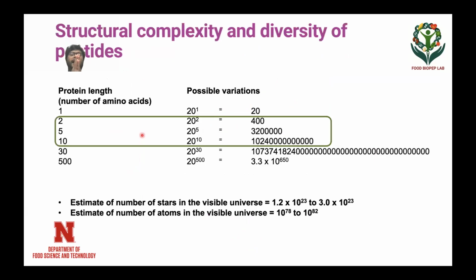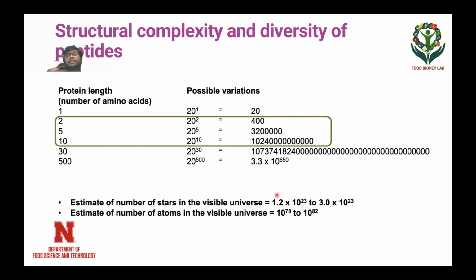At the end, I would like to finish this talk with this thought. If you have one amino acid, you have 20 possible variations. That's 20 amino acids. When you have dipeptides, you can have a maximum of 400. When you have five amino acids, or pentapeptides, this is the number. When you have 10 amino acids together, this is the number, 10 to the 13 and 500 billion or so.